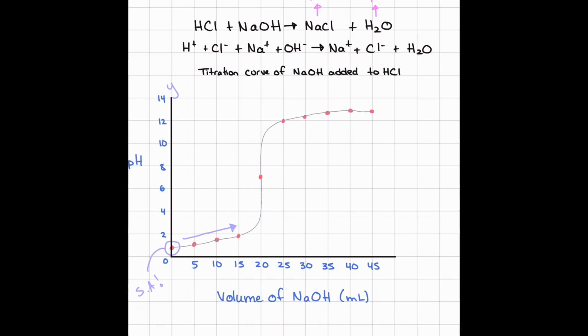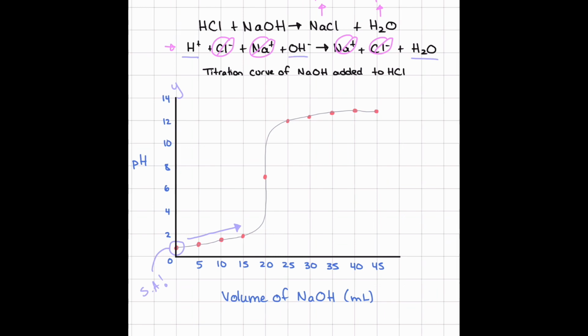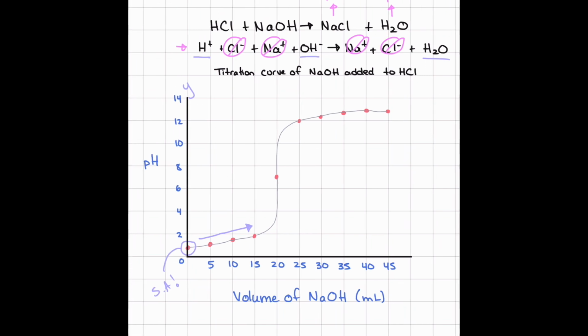If we look at the reaction below, we're taking a look at the ionic form of this reaction. We can see that Cl cancels on both sides, sodium cancels on both sides, and we're just left with hydrogen ions, hydroxide ions, and water. So really, this graph is indicating the concentration of H+ ions in the reaction mixture.